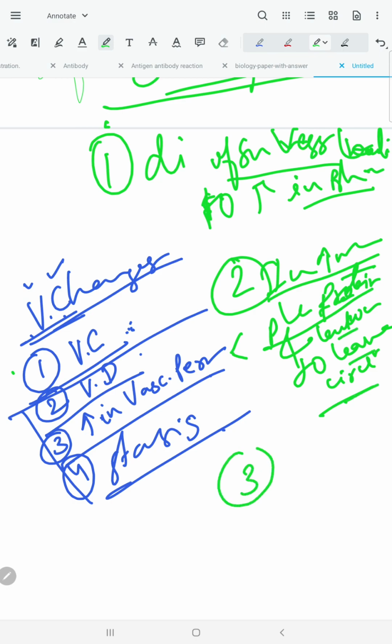And third, emigration of leukocyte from the microcirculation and their accumulation in the focus of injury, and then their activation to eliminate the offending agent. Clear? So once again, emigration of leukocyte from the microcirculation in the focus of injury and their activation to eliminate the offending agent.